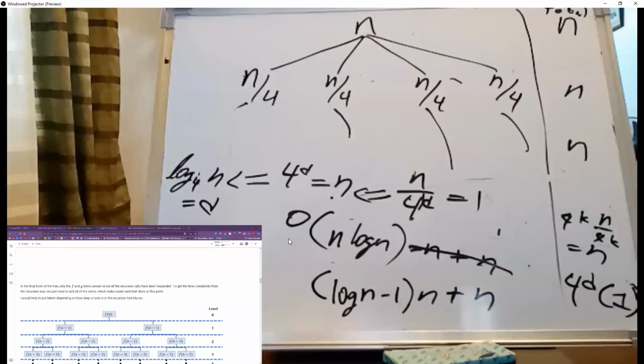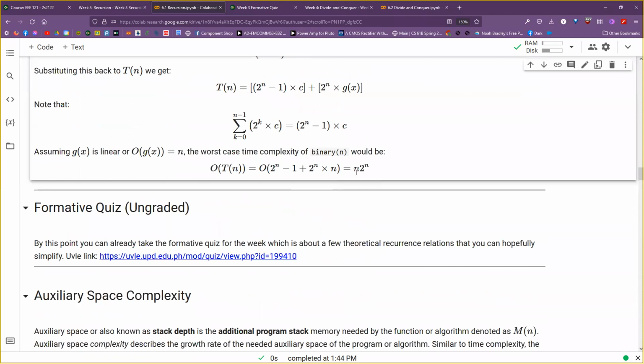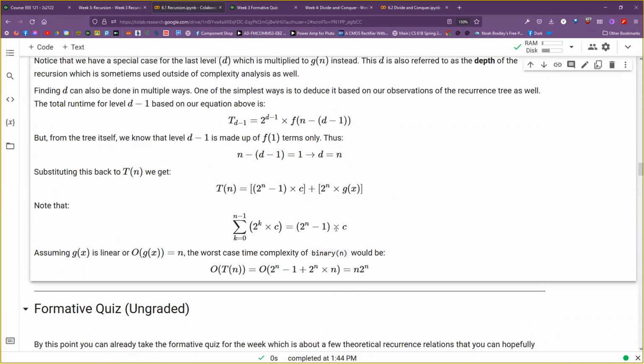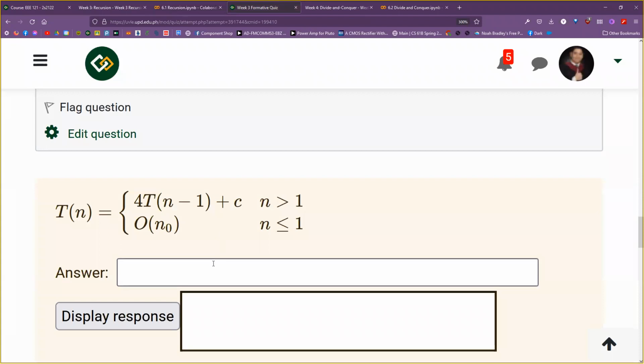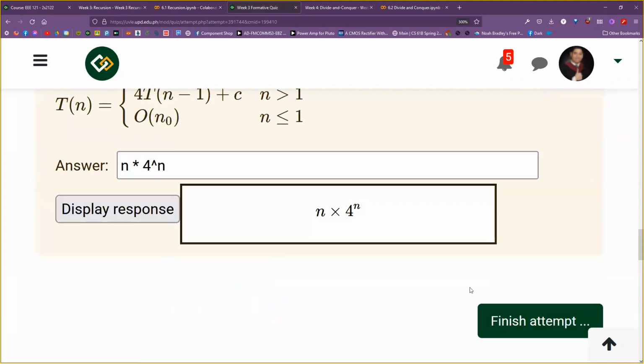So, you'd expect here na instead na 2 to the n, it is 4 to the n. And then since yung base case din natin is n, nakuha natin here is n times n.